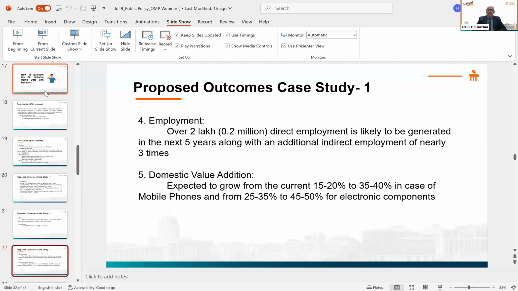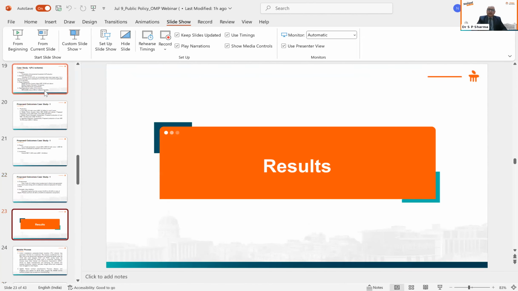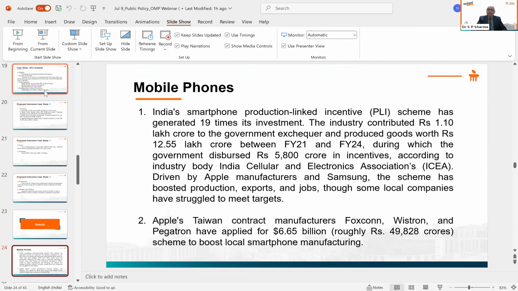And domestic value addition was anticipated to grow from 15-20% to 35-40%. And these were the areas set by the government. And how these provided great results with the advent of this PLI scheme, and the results were more than anticipation.